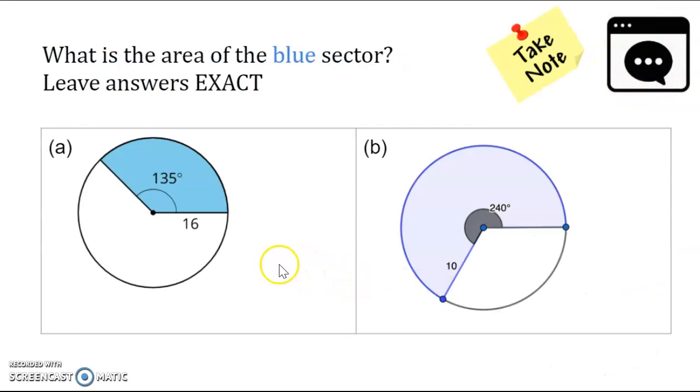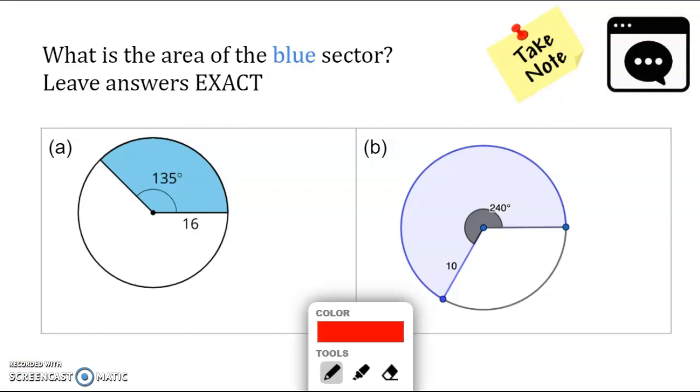Alright, so what is the area of the blue sector? Leave the answer exact. Leaving the answer exact means in terms of pi. So the area of the sector is going to be the fraction of the circle we are dealing with, given by the central angle, 135 degrees, out of the total revolution of 360 degrees, multiplied by the area of the whole circle, pi r squared.